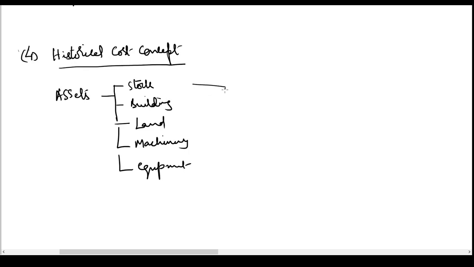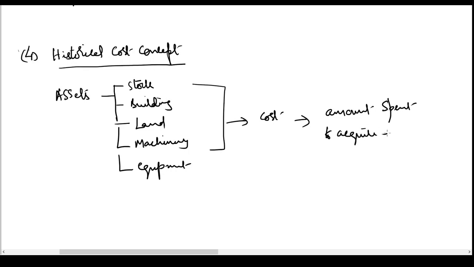Assets are shown in the books at cost. The cost which was incurred, the amount which we have spent to acquire this asset. Cost is nothing but the amount spent to acquire the assets. So the assets will be shown in the books at the amount spent to acquire them, at the cost which was incurred at the time of acquisition.